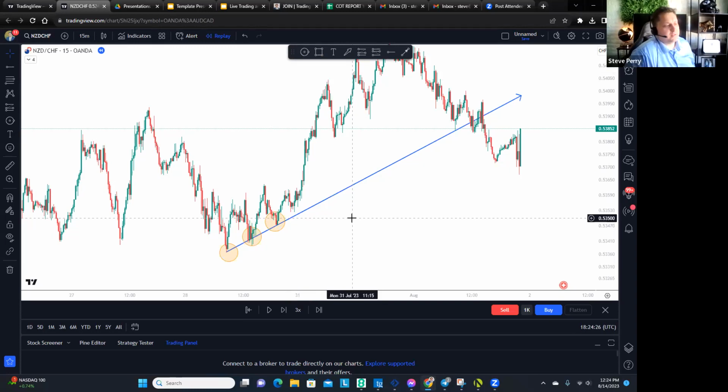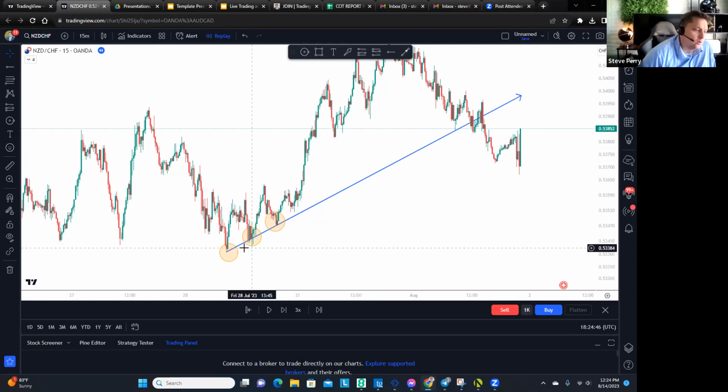Why 3 points? Why not just 2? The reason why you have to have 3 points of engagement is this. Number one, it's very easy to just draw trend lines on your charts wherever you want to draw stuff. So you have to have some guidelines as to where you're going to draw everything. So if you do point 1, anybody can draw point 1. Anyone can pick point 2, but you can't just pick point 3.